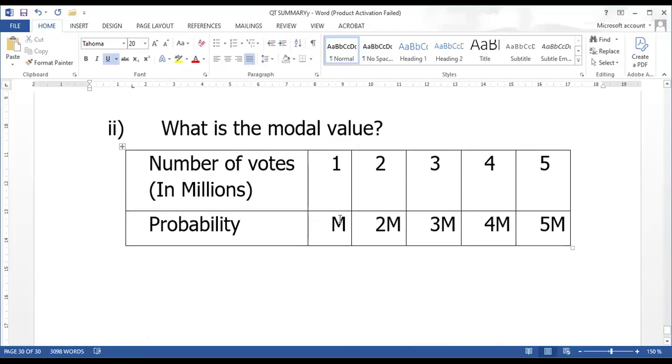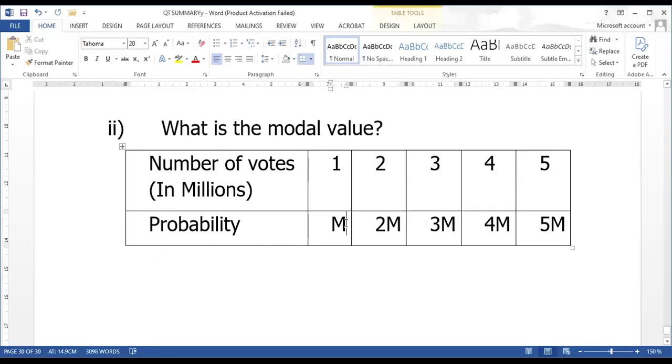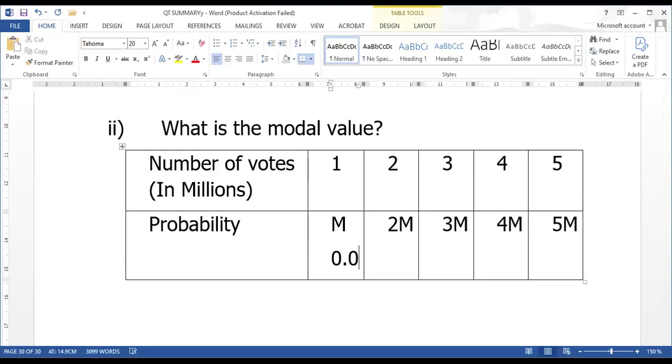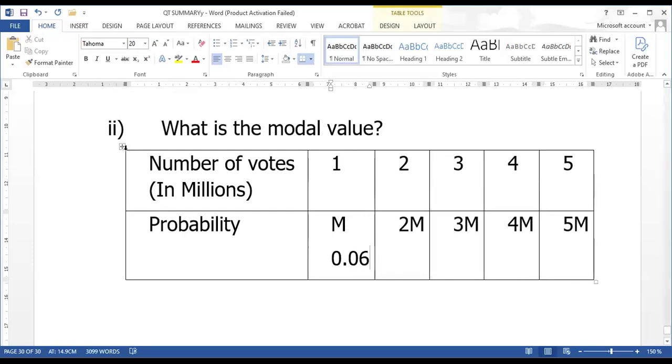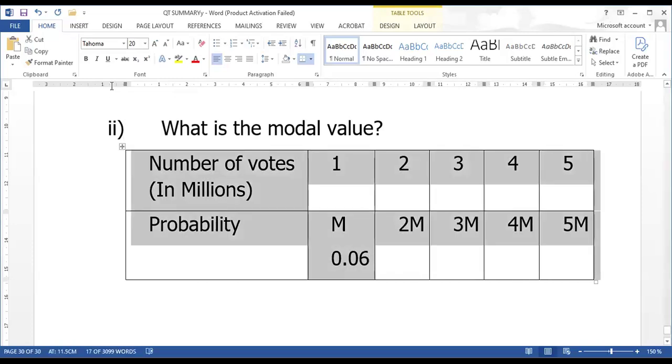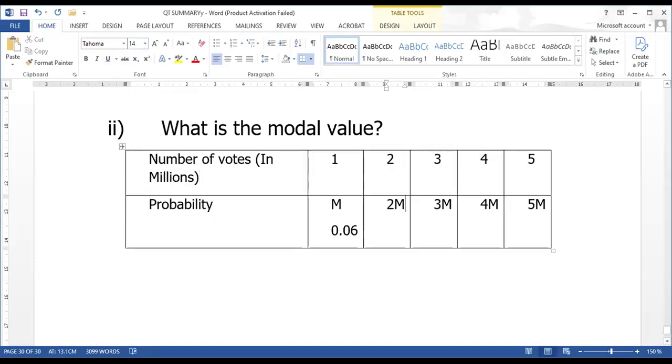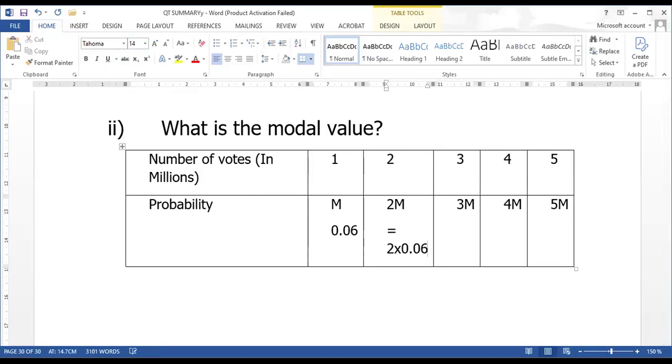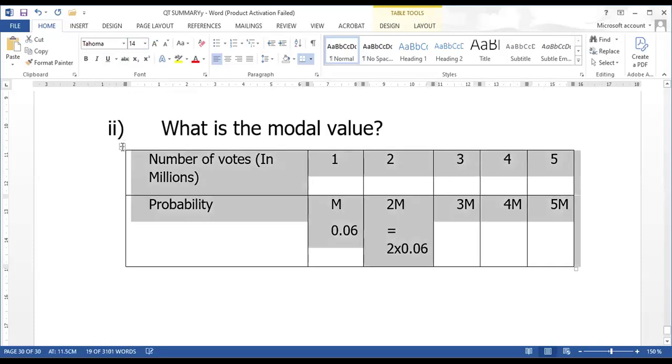So we need to remove m and put the values. If you substitute here, this is 0.06. Then here it will be 2 times 0.06, and you get 0.13.